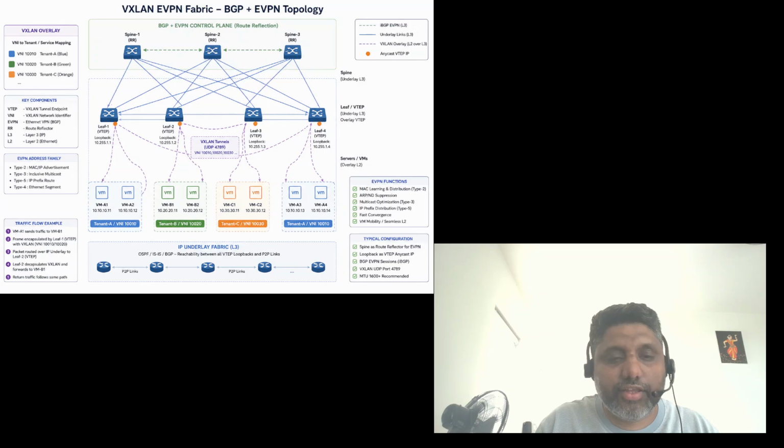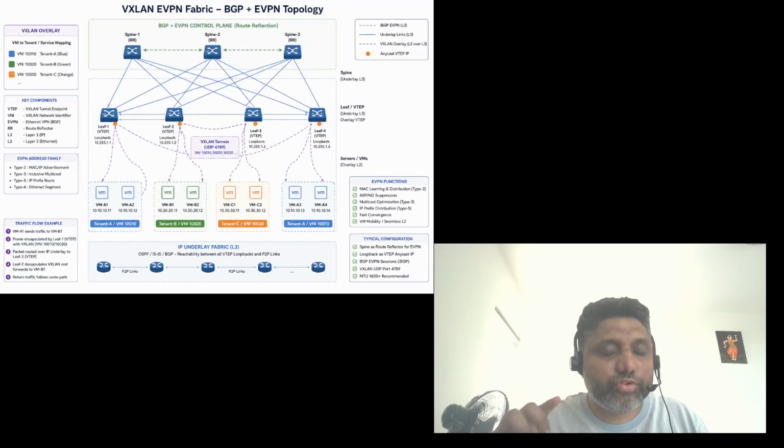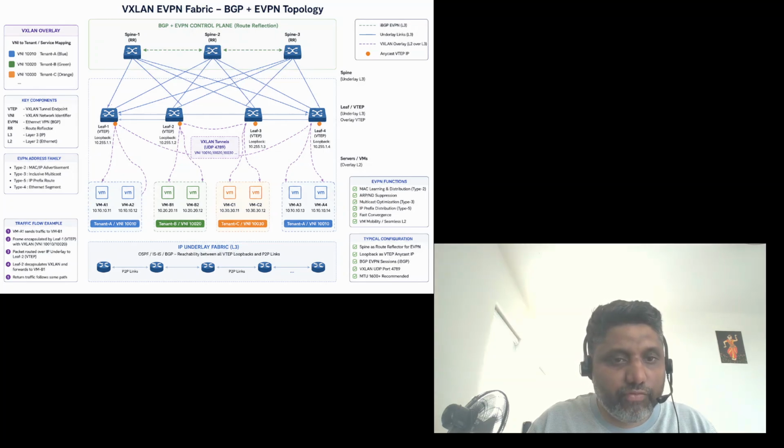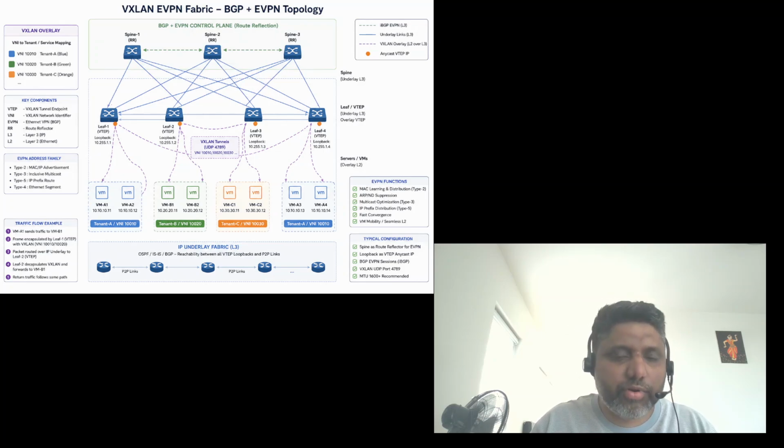If it's not there, then the ARP is encapsulated in a VXLAN header with the UDP header, protocol 17, UDP port 4789, and the VXLAN tunnel address, that is VTEP 1, which is 10.255.1.1, will send to 10.255.1.2, right? Then again the ARP resolution should happen.